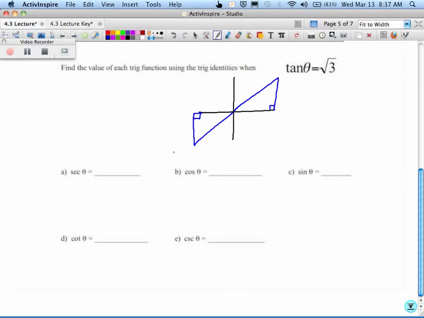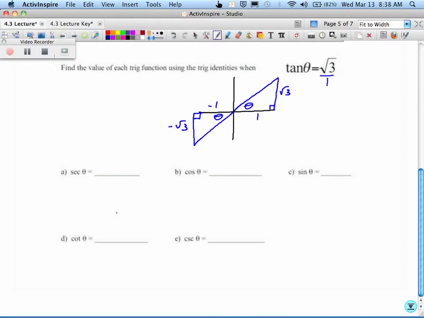So opposite, here's your theta. It could be there and there. It always sits between the terminal side and the x-axis. So my opposite can be root 3 and my adjacent can be 1. Or my opposite could be negative root 3 and my adjacent negative 1. Both of them turn out to be positive root 3 when you do tangent.